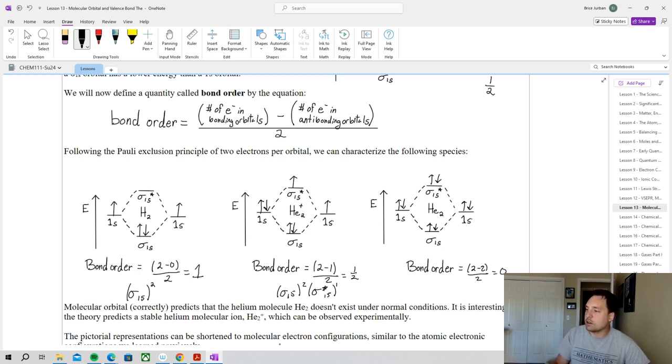This means that this molecule does not exist, or it's very unlikely to exist under normal conditions. Therefore, helium prefers to just exist as an atom. And this is the same for almost all of the noble gases except for xenon, which can form some molecules.